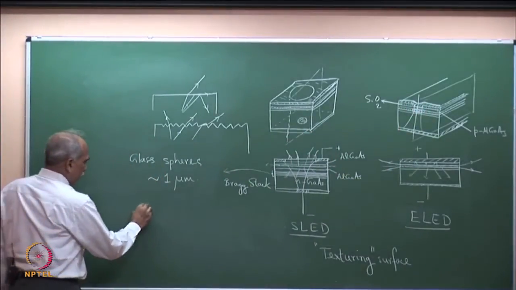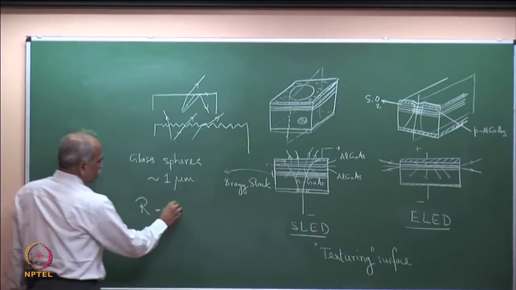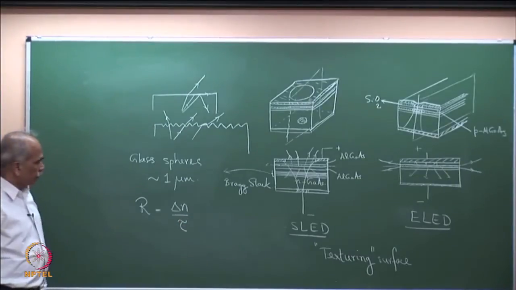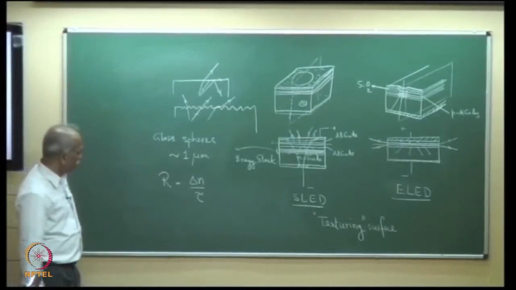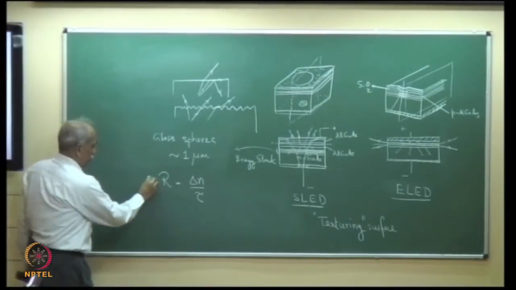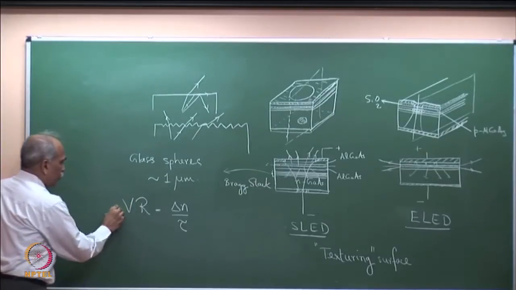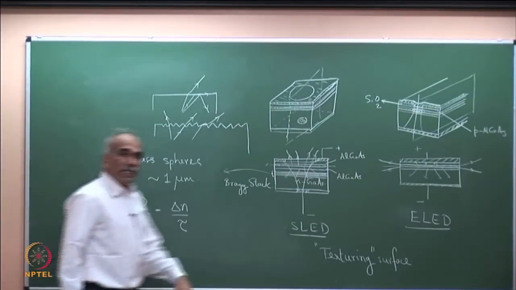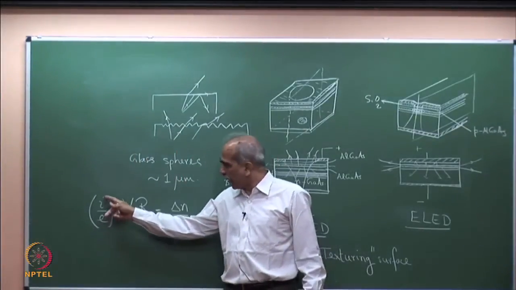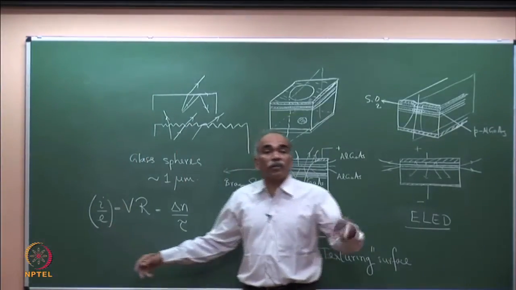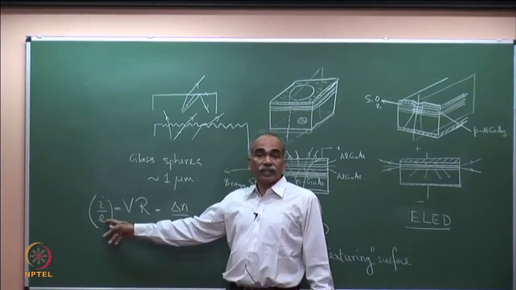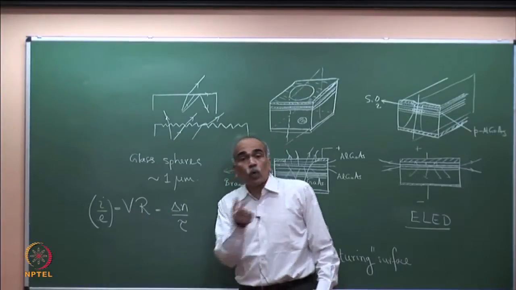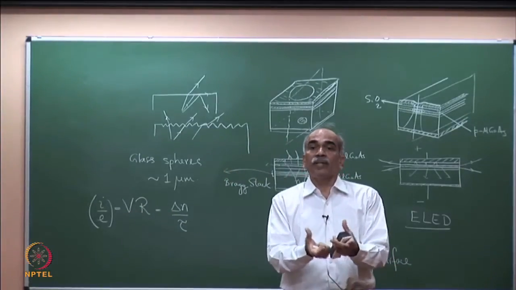Recall that we had an expression, recombination R is equal to delta n by tau, and we had seen that this multiplied by volume is equal to the charge which is flowing, I by E. If I is the current that is flowing, then I by E is the number of carriers entering the semiconductor, which is equal to the rate of recombination multiplied by the volume of the region where it is recombining.